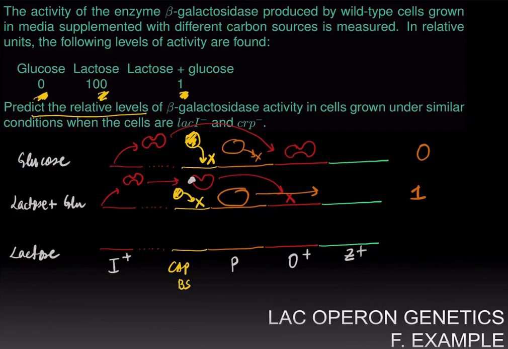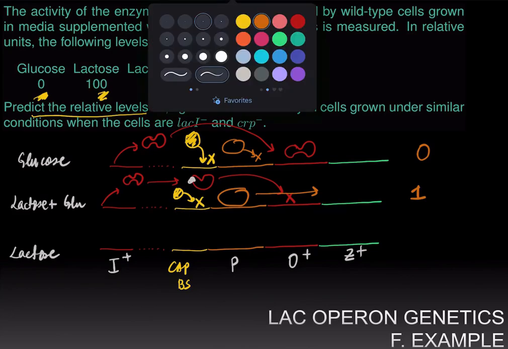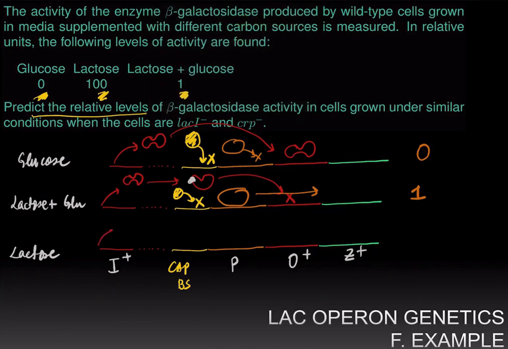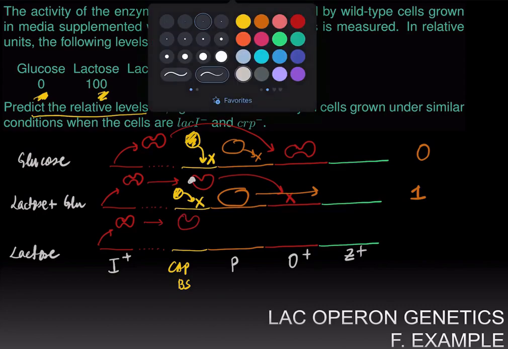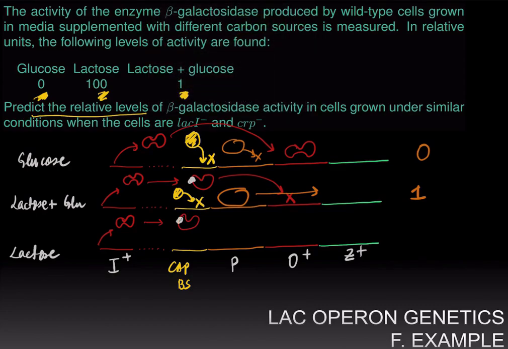And finally, when we have just lactose, then the presence of lactose causes the allosteric transition, and that means that there is no repressor preventing polymerase from arriving at the promoter.